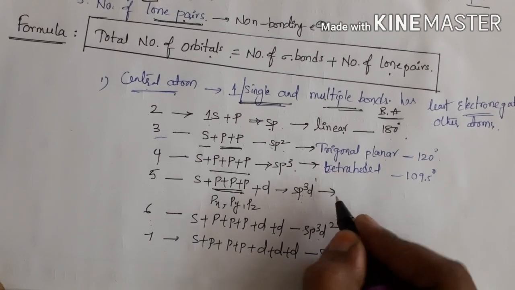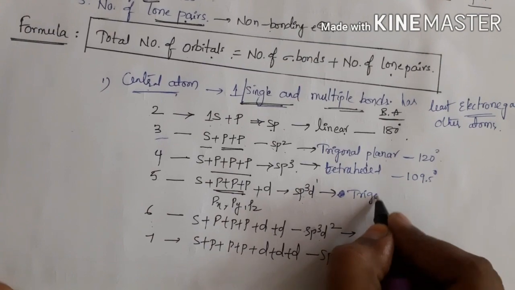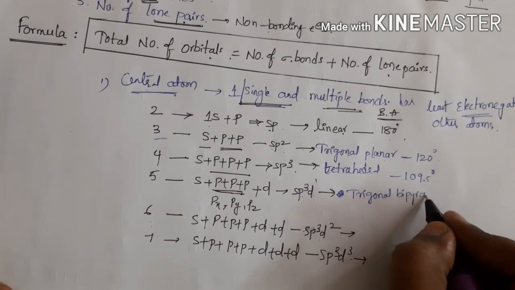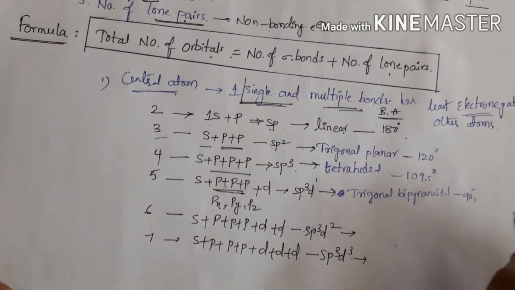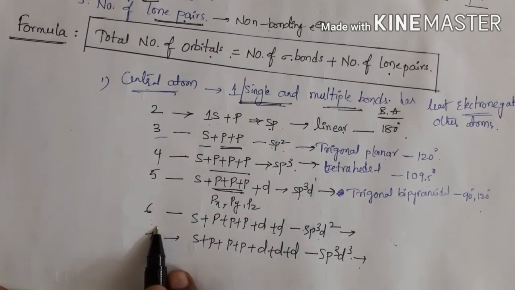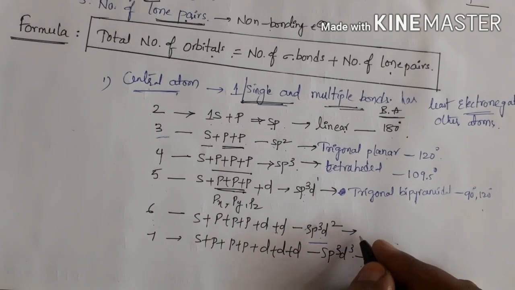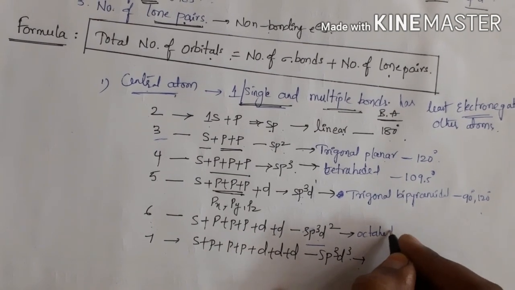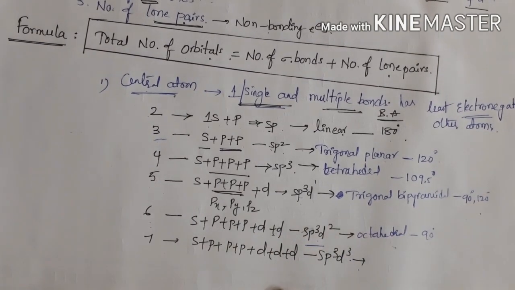The sp3d1 hybrid orbital geometry is trigonal bipyramidal, with bond angles of 90 and 120 degrees. If 6 orbitals are involved, it gives sp3d2 hybridization, and the geometry is octahedral with a bond angle of 90 degrees.